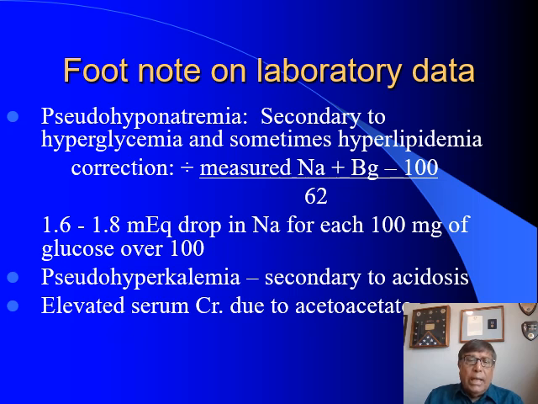Sometimes elevated serum creatinine is seen, and it might look awful, but it could be due to acetoacetate, which interferes with the measurement of creatinine. But there is an elevation of creatinine because the patient is suffering from severe dehydration.